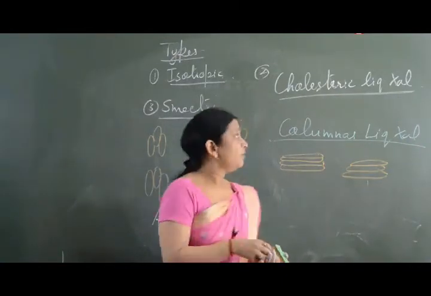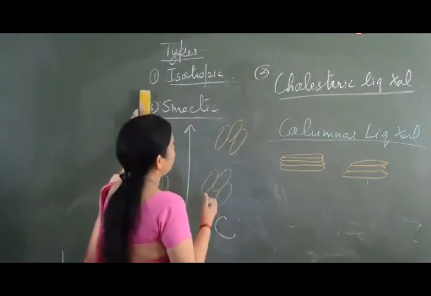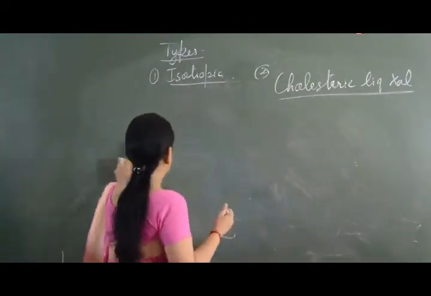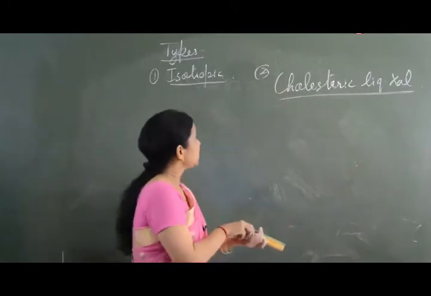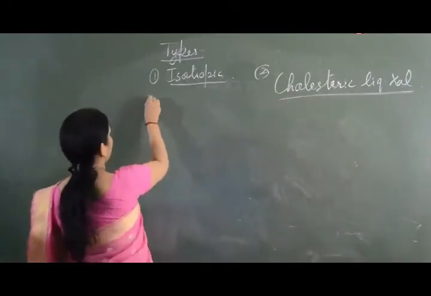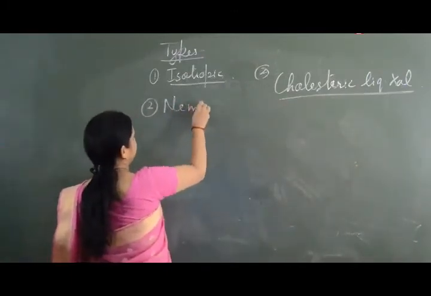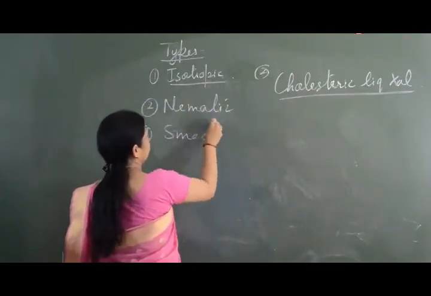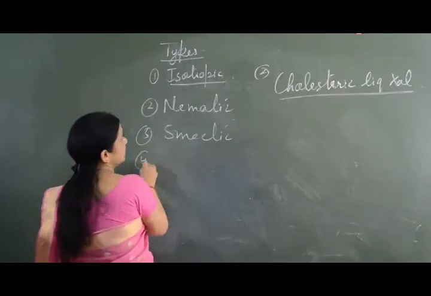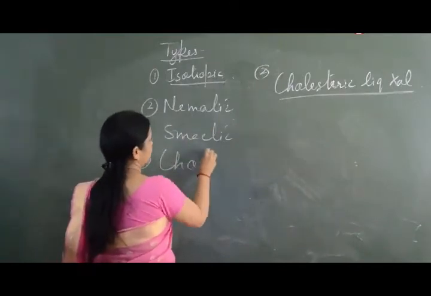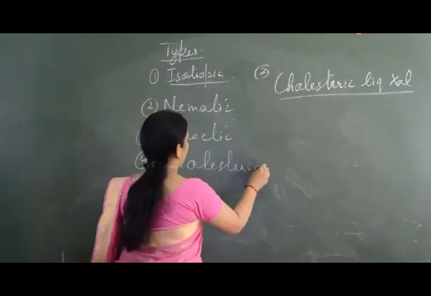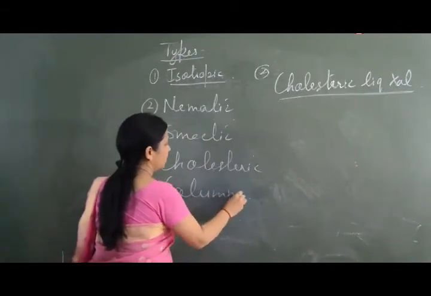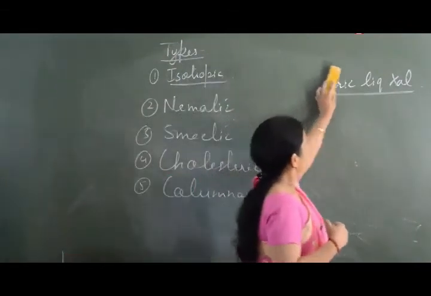So, these are the different types of thermotropic liquid crystal. The first one I discussed is isotropic, then we have nematic, third is smectic, fourth is cholesteric, and finally the fifth one is columnar liquid crystal.